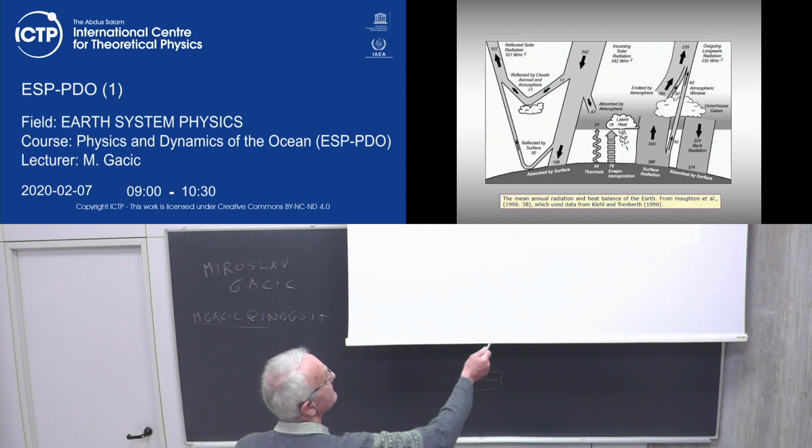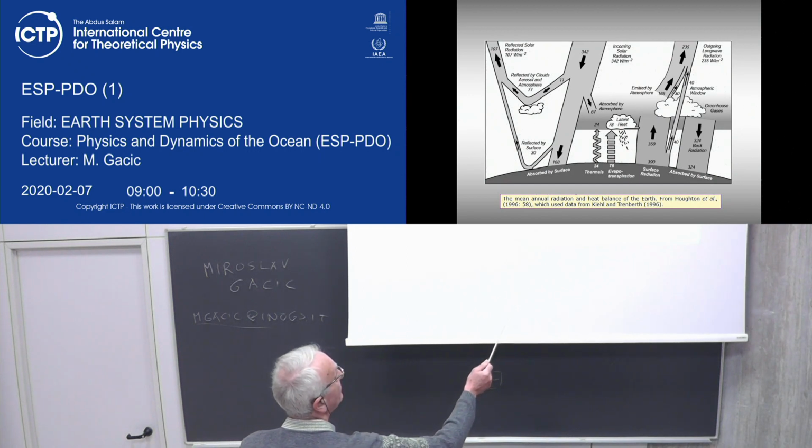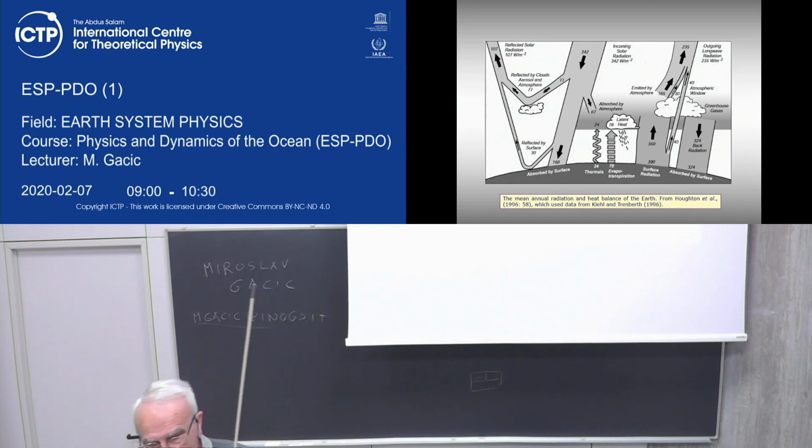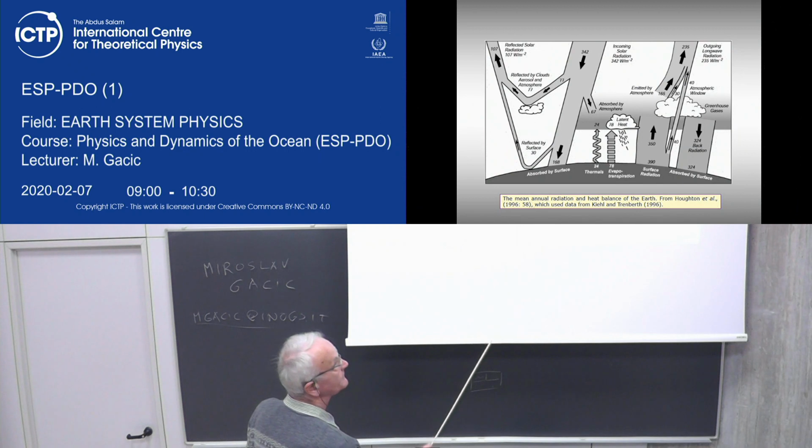This is important to remember. And obviously, part of the energy which is absorbed by the atmosphere is emitted into space, because the atmosphere also behaves as a black body, and in its turn radiates heat into space.